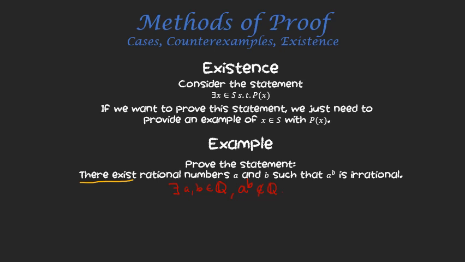And so this works the same way as counterexamples, except instead of disproving a universal statement, I'm proving an existential statement. And so let's prove this. Again, it's the same thing because I just need to come up with an example that works. So I need to find a and b rational numbers for which a to the b is not rational.